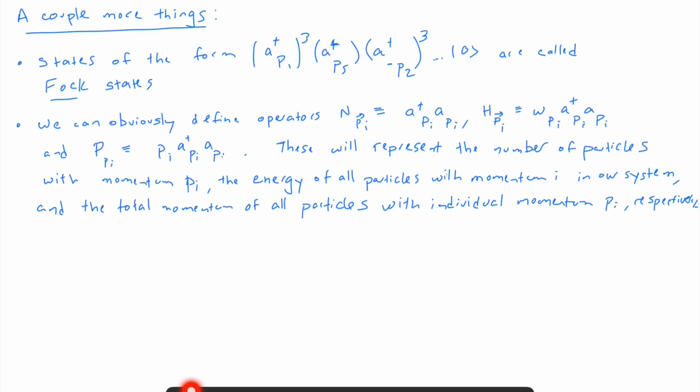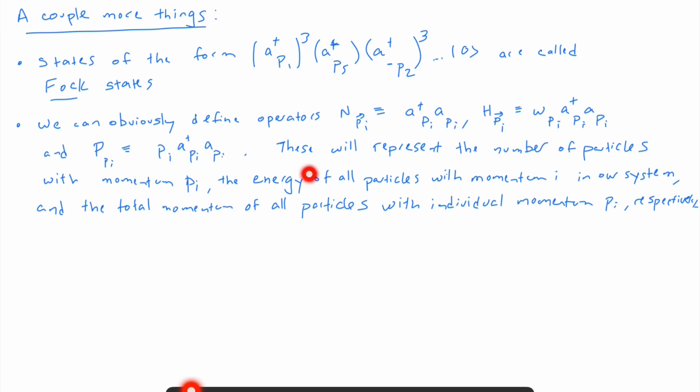We can also define little sub-operators. Remember, we defined the number operator as a sum over p of a dagger p, a p. But for each particular p, we can just say this is the number operator for this particular p. I just specifically make one p. The sum of all these will give you the full number operator. And the same type of thing for the Hamiltonian, and the same thing for the momentum. These are like little sub-operators, which are also Hermitian themselves.